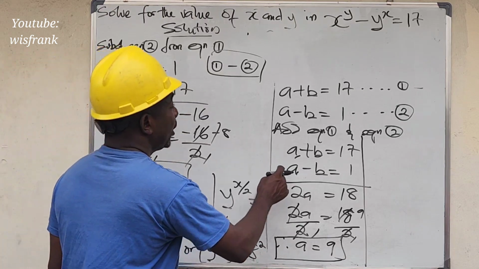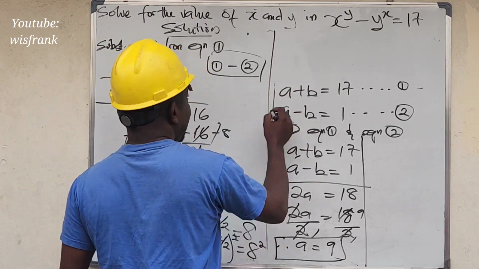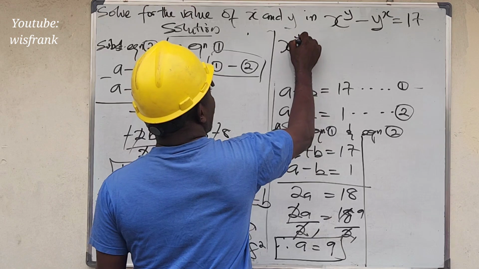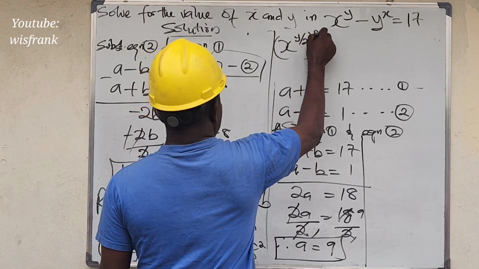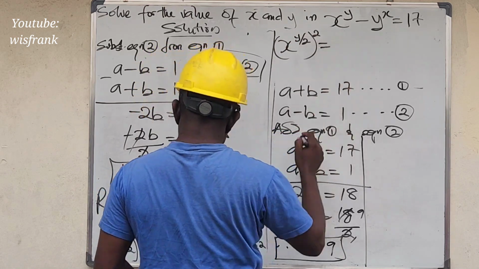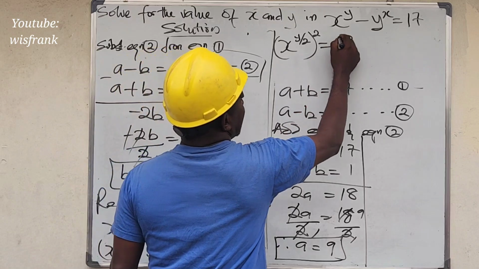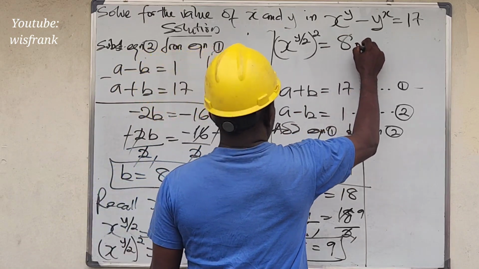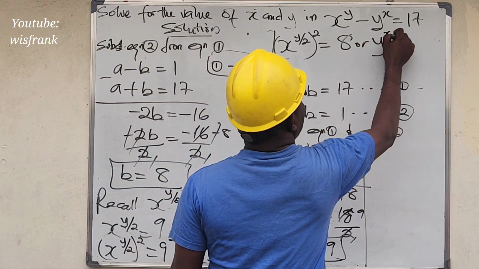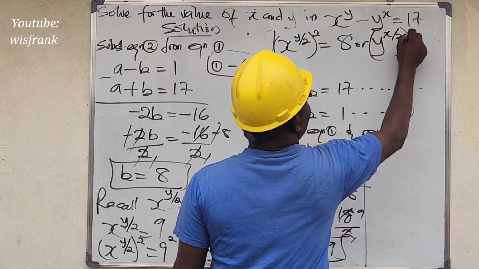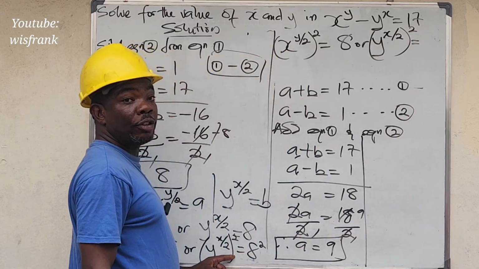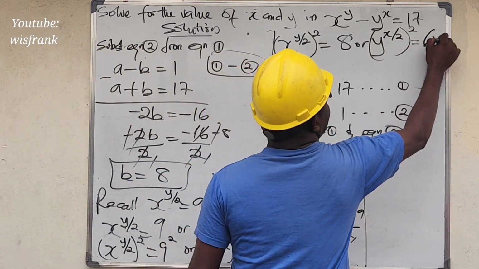Let's move over to the other side. We have x to the power of y all over 2, all to the power of 2, equals 9 to the power of 2, which is 81. Or we have y to the power of x all over 2, all to the power of 2, equals 8 to the power of 2, which is 64.